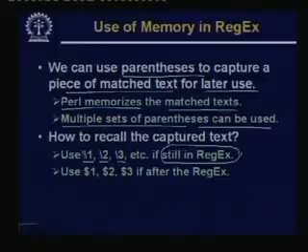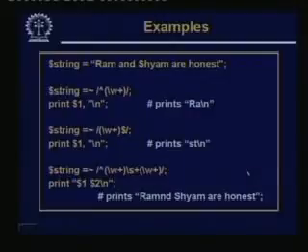But if you have finished the regular expression and you are outside it and still want to use the last matched values, then you use $1, $2, $3 after the regular expression. Okay. Let us take some examples.